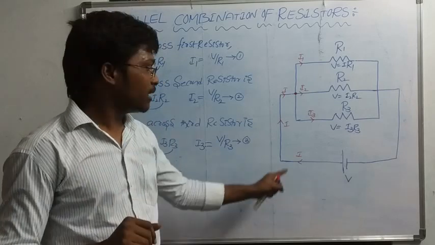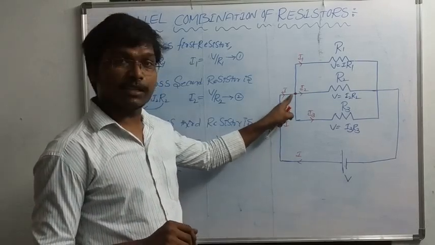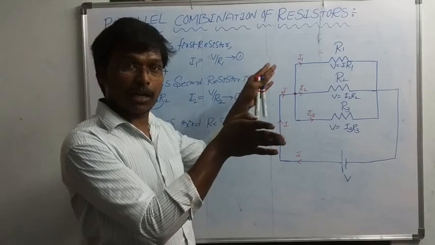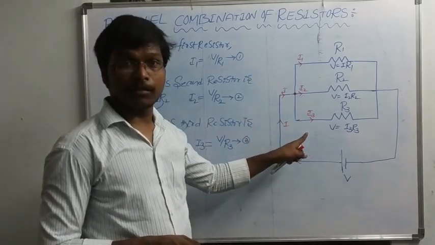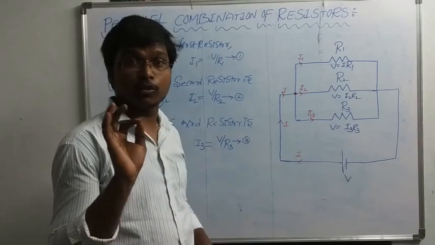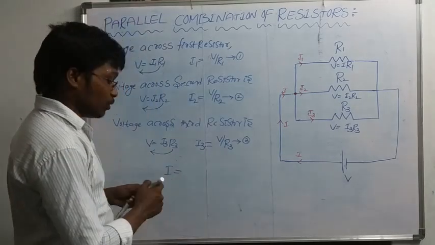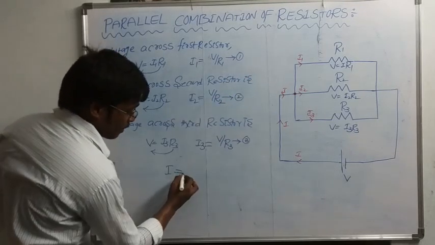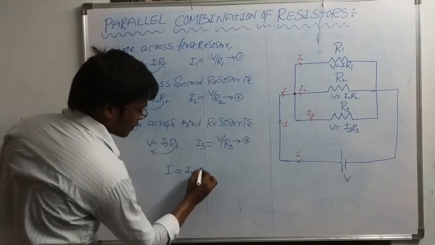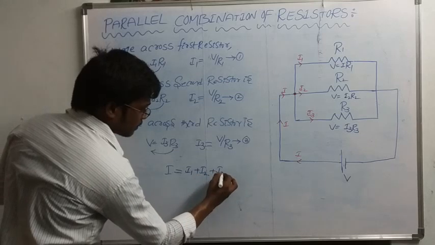I told you already, the total current I, whenever it reaches the junction, splits. So I is equal to I1 plus I2 plus I3.